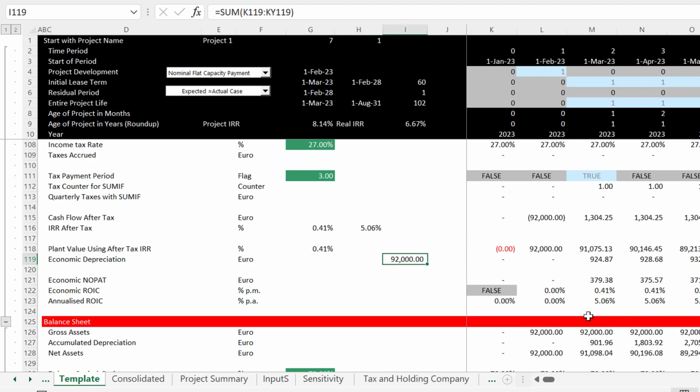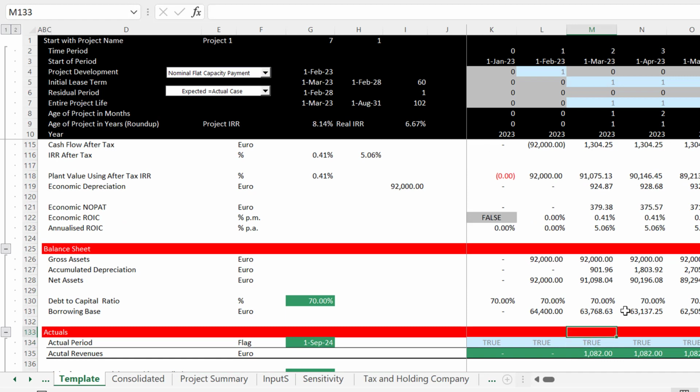And that economic depreciation is a brilliant thing to do, because then you can compute what I call the economic NOPAT, and it gives you the same ROIC as the IRR. How wonderful that is. And how bad accounting is, and how bad all of this financial McKinsey BS is without telling you that, because if you use straight line depreciation, it doesn't work.